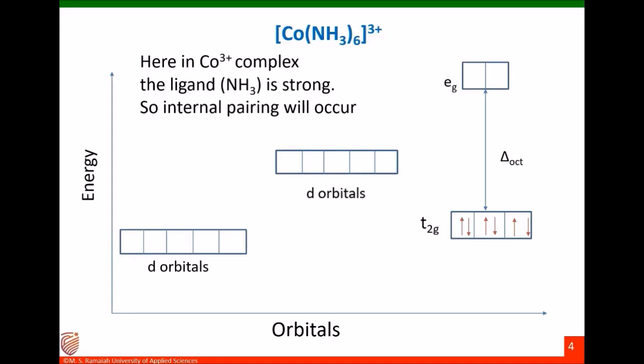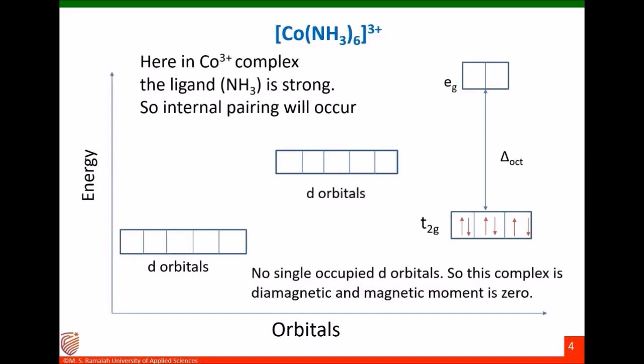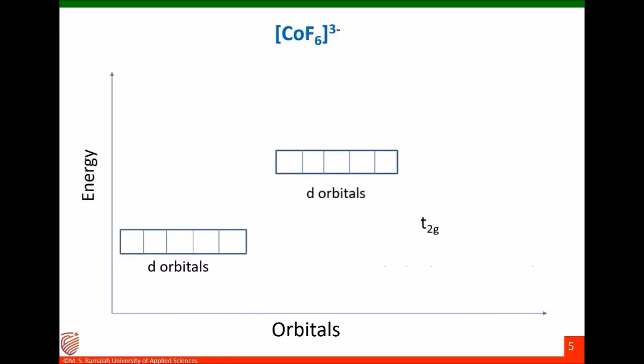All 6 electrons will occupy the t2g orbitals and there will not be any electrons going to the eg orbitals. Now if you see, there are no singly occupied d orbitals, so this complex is diamagnetic and the magnetic moment value is 0. Now you know why Co(NH3)6 3 plus shows diamagnetic property.